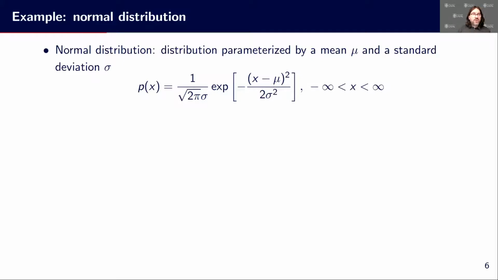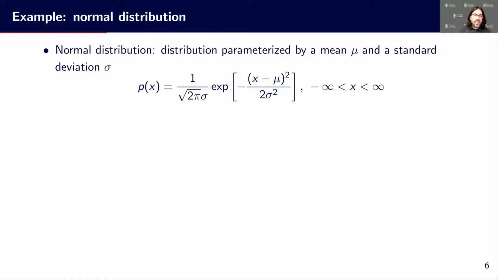Another example is with the normal Gaussian distribution. If we have a Gaussian distribution, we assume that the distribution is parameterized by a mean mu and a standard deviation sigma. So in 1D, this is that thing. We are dealing only with 1D distributions today, except for the categorical one.